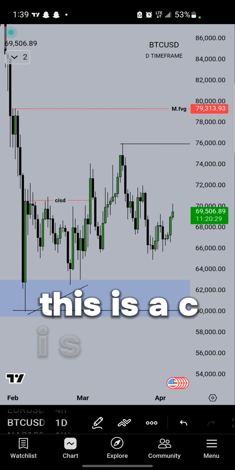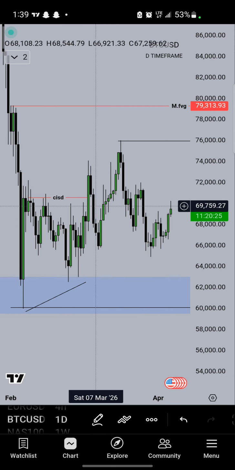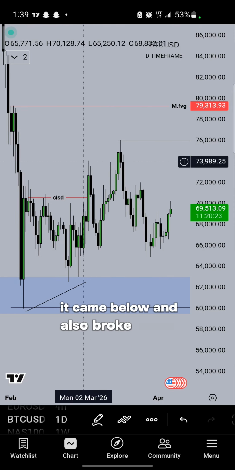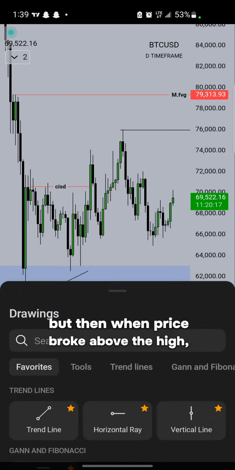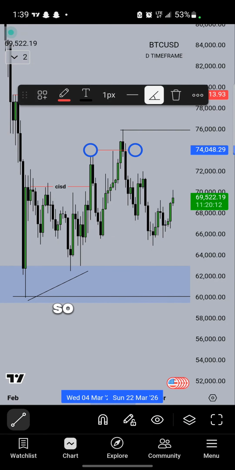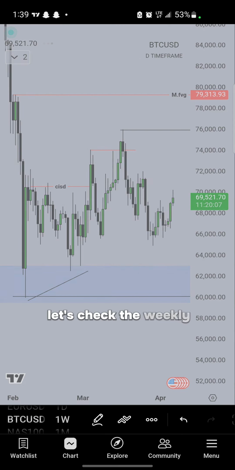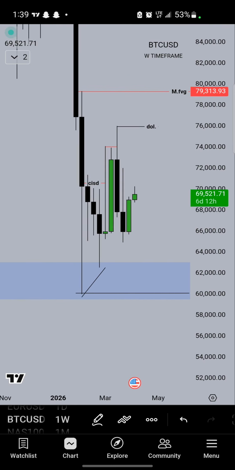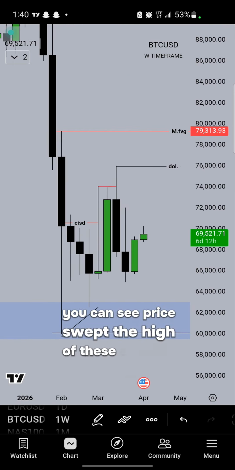This is a CISD, and after price broke above, it came below and also broke above this high. But when price broke above the high, it wasn't necessarily a real break, so it swept the high. And if price sweeps a high, let's check the weekly time frame. You can see price swept the high of these candles.